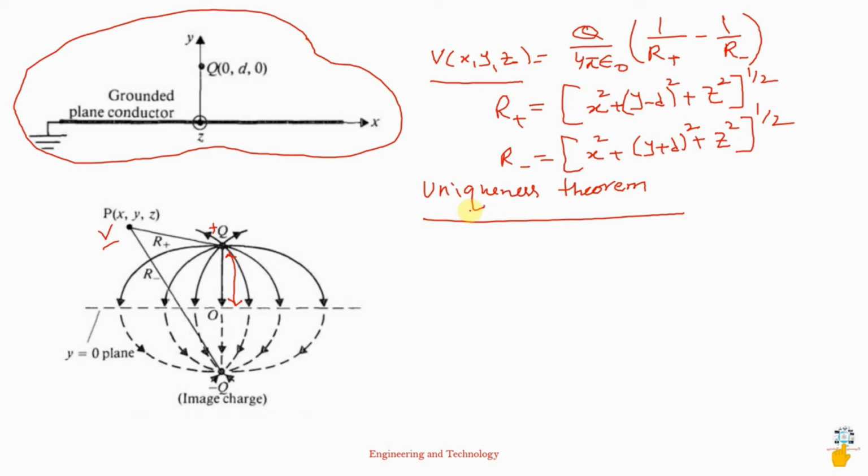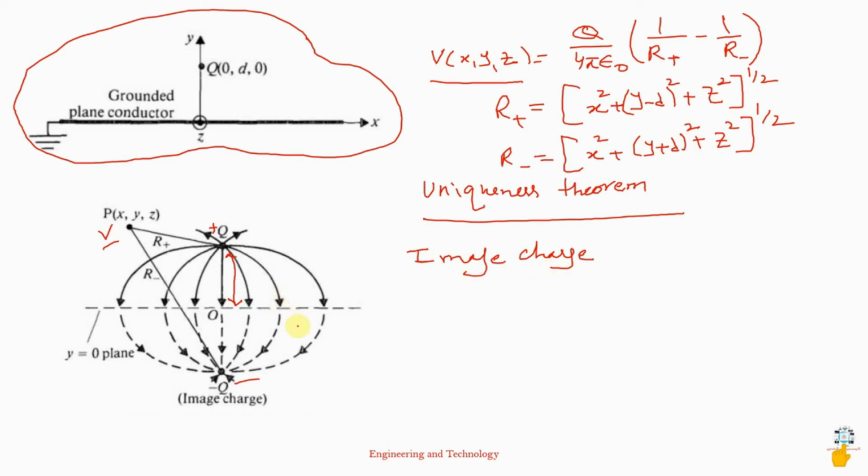But it is not applicable everywhere, in every region. It has some limitations. It has a basic limitation: this image charge should be located outside the region in which the field is to be determined.